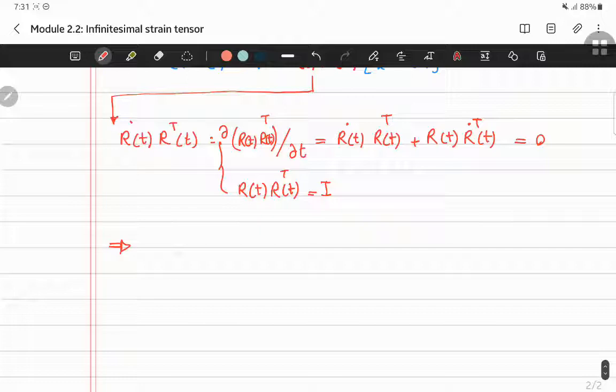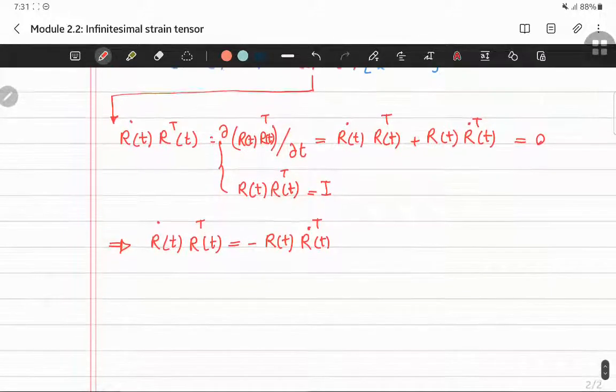Therefore, we have R dot(t) R transpose(t) is equal to minus R(t) R transpose(t) dot.